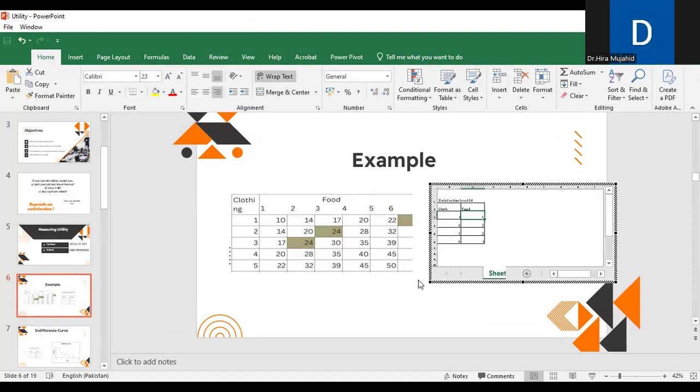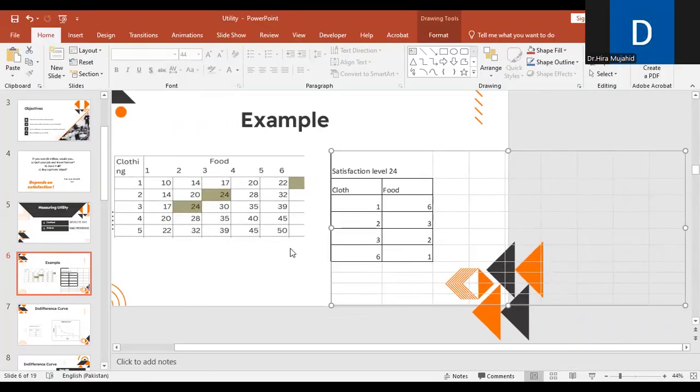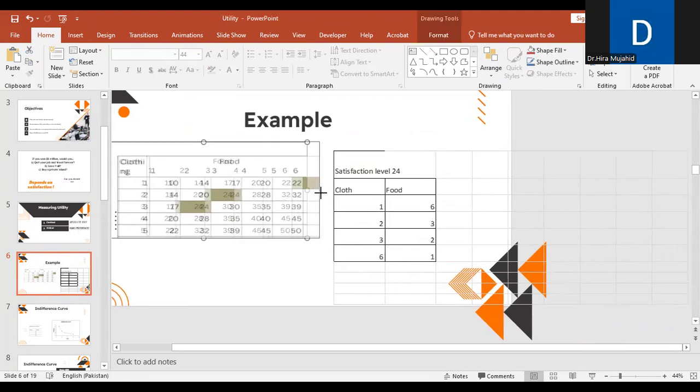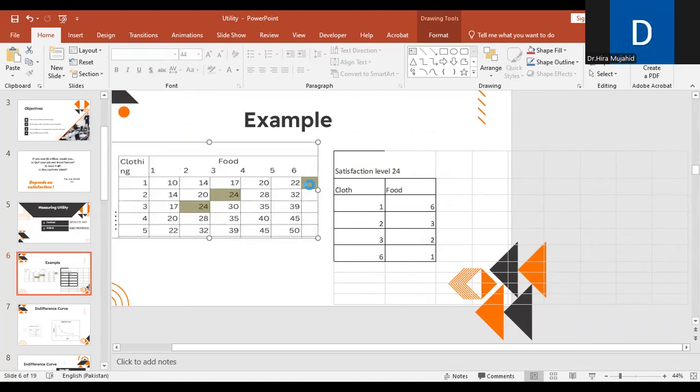Here are different combinations which give you satisfaction, and we are taking common utils. So we can have different combinations, like at 1 clothing and 6 food, you have some level of satisfaction, which is 24, which is not clear here, but you will find it right here is 24.